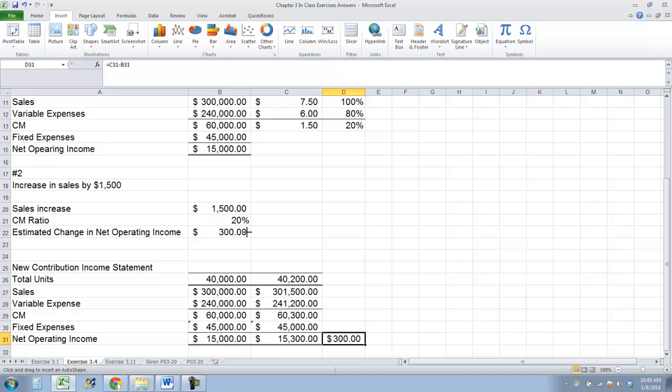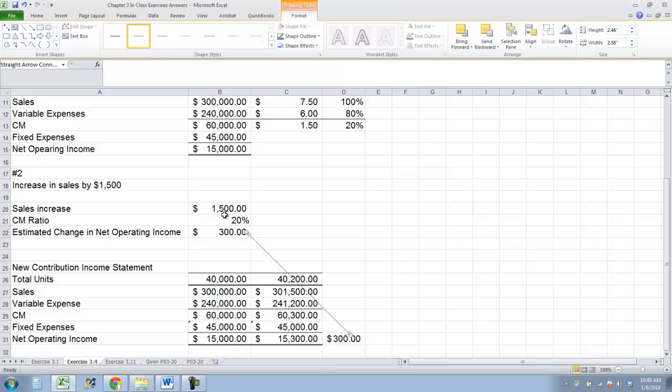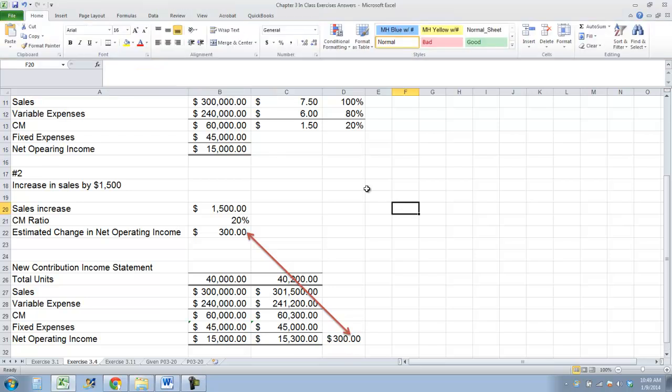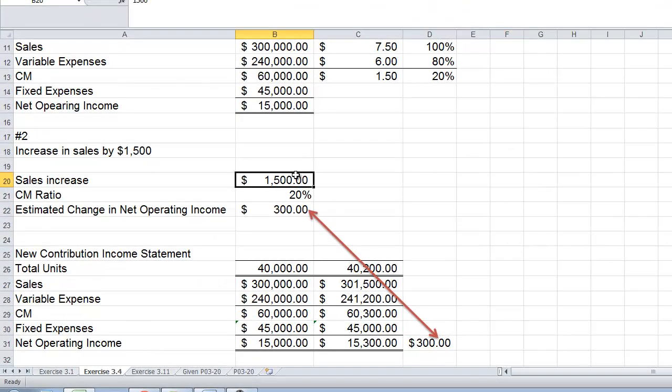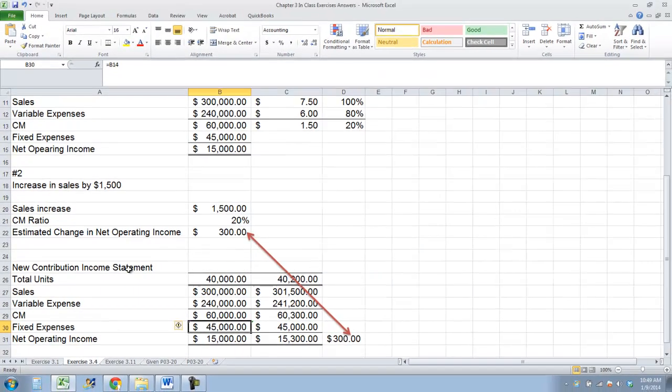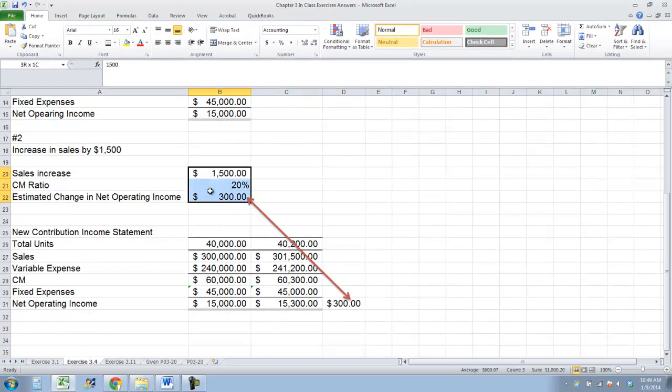We should check this, and they should match. So this is just proving that by taking the sales dollar increase and multiplying by the contribution margin ratio, you would come out with the same answer as if you prepared a contribution income statement. Obviously, this step is much quicker.